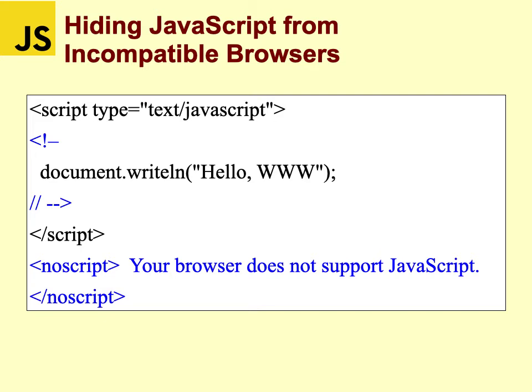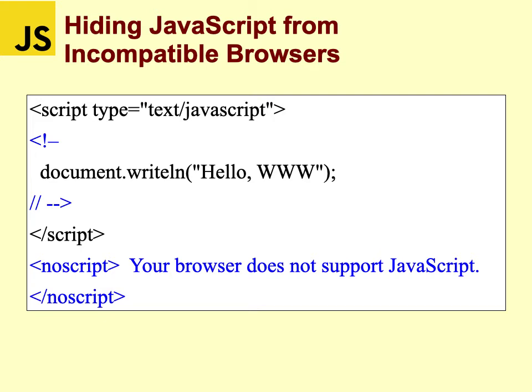Hiding JavaScript from incompatible browsers. Some browsers may not support JavaScript, or some different variants of JavaScript. In that case, noscript is the tag you use to tell the user that the browser does not support JavaScript. Here document.writeln, write line, hello www, is placed as a comment.